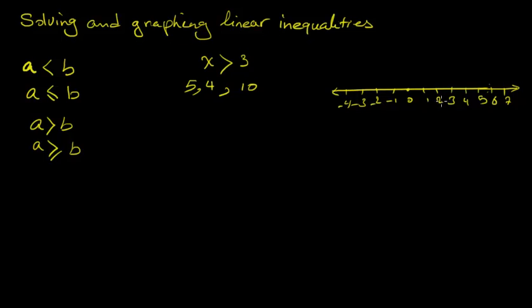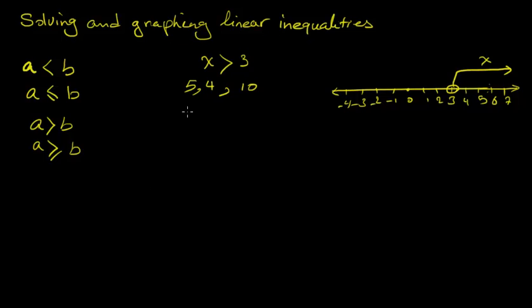As you see, 3 is located in this section. We locate our 3 here with an open circle, and whatever number comes after 3 can make this statement true. As you recall, we use an open circle because 3 itself isn't included in this inequality. But whatever number is greater than 3 makes this statement true.